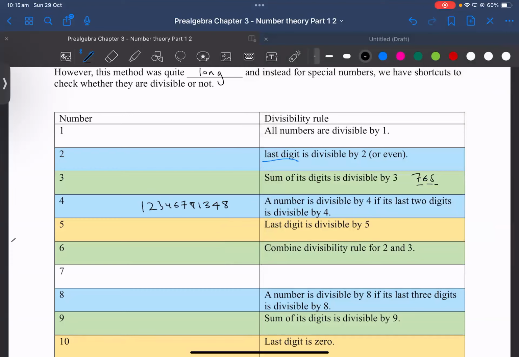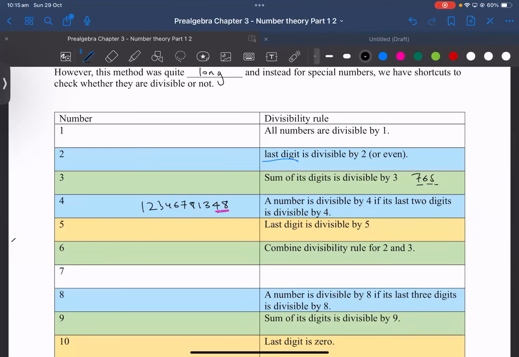Yes. Why? Because 48 is 4 times 12. You only need to check the last two. 48, like you said, Sashan, is divisible by 4. So only the last two digits matter. I can really change anything in the front. So if the last two digits are divisible by 4, it's a multiple of 4. But if it's not, then it's not a multiple of 4.